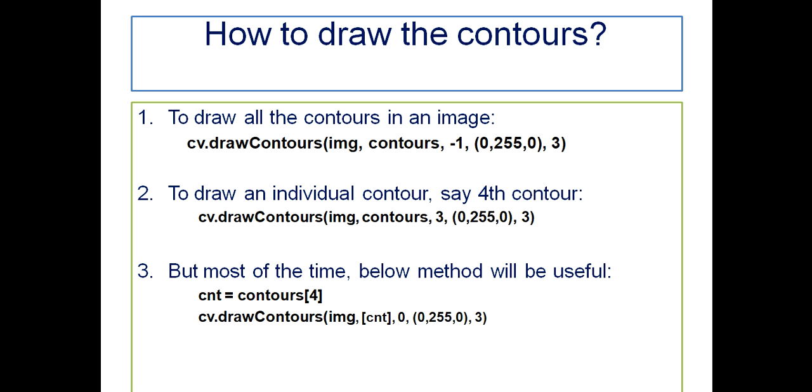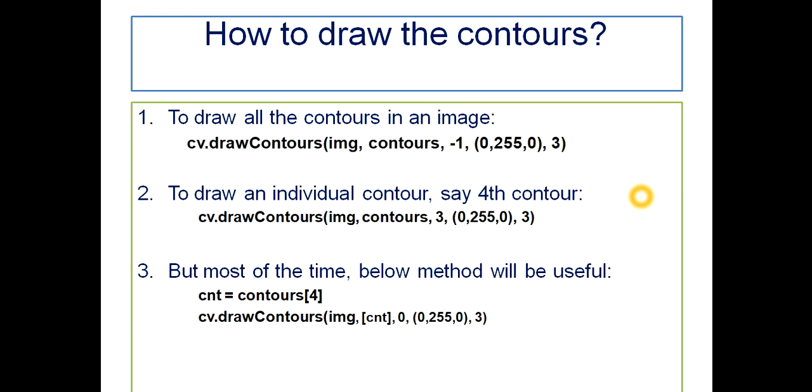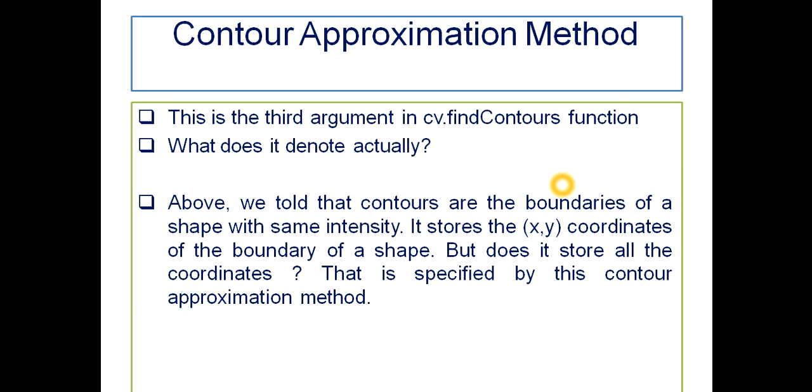But most of the time we use this one: cnt = contours[4], cv.drawContours(image, [cnt], 0, (0,255,0), 3). The other arguments, (0,255,0) and 3, I hope you have already got. They denote the other parameters like color and thickness. So these three ways you can draw the contours.